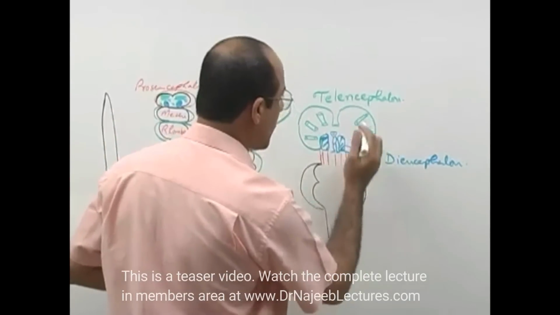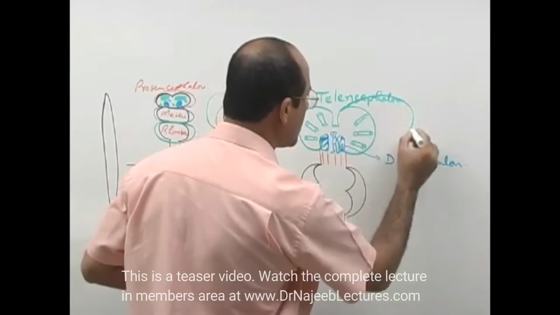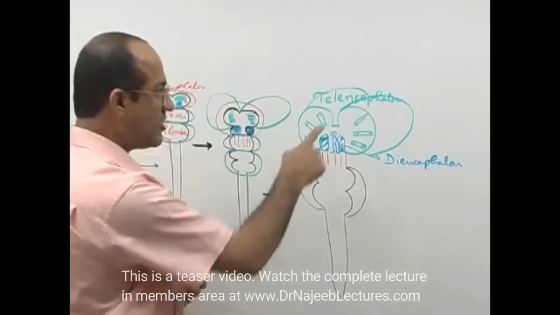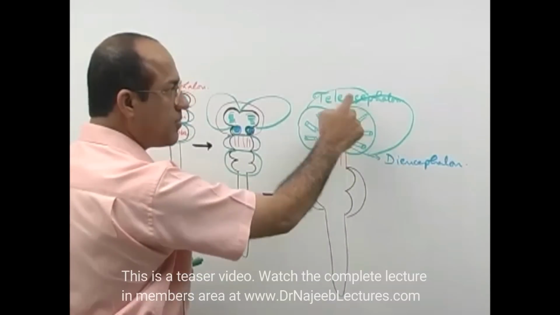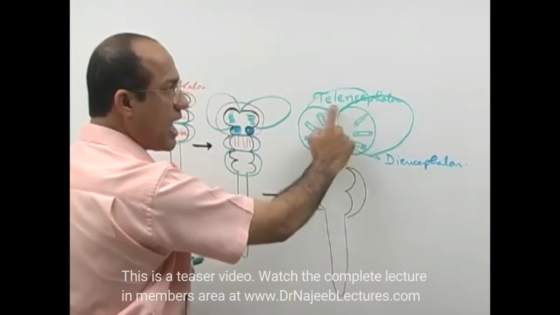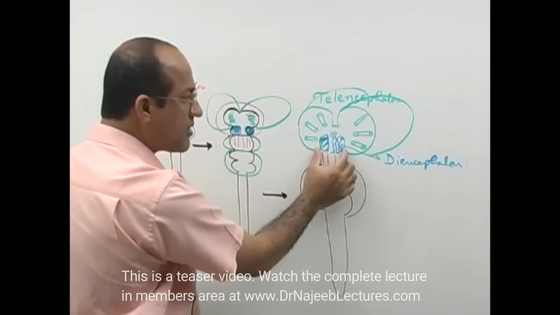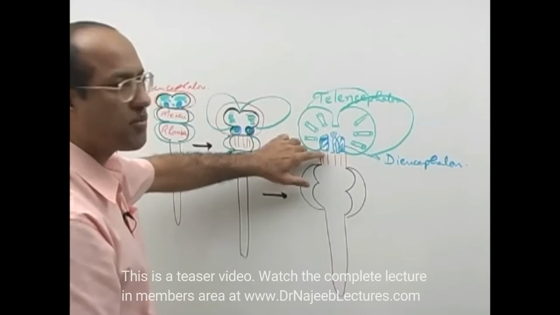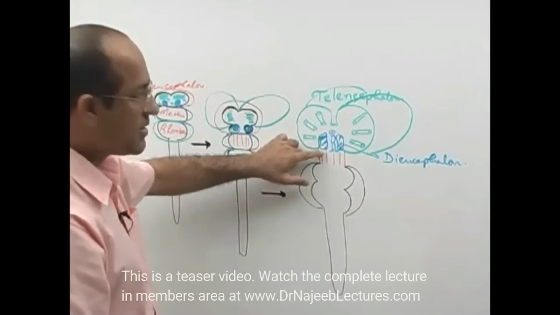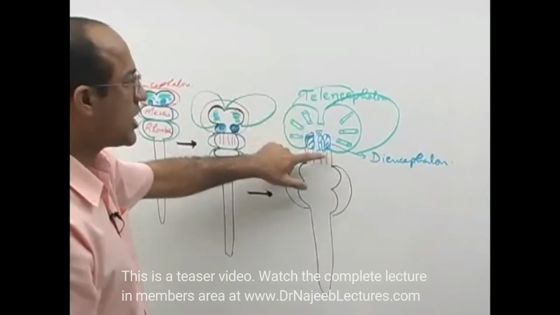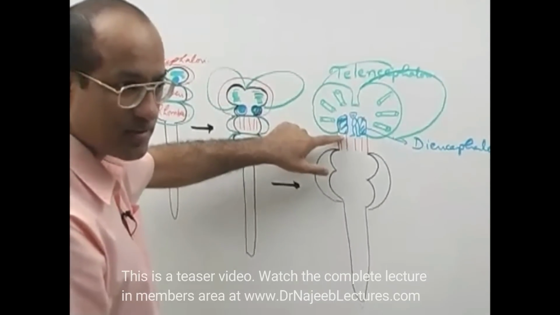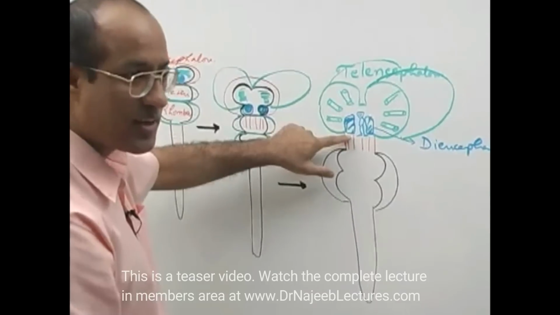And this telencephalon eventually develops mainly into the cerebral hemispheres. And this part, which is called the diencephalon, I will now teach you in a little more detail, namely the structures which are derived from the development of the diencephalon. Up to now we are clear.